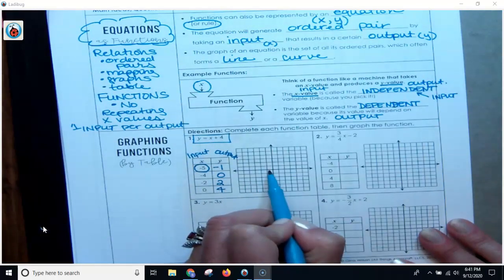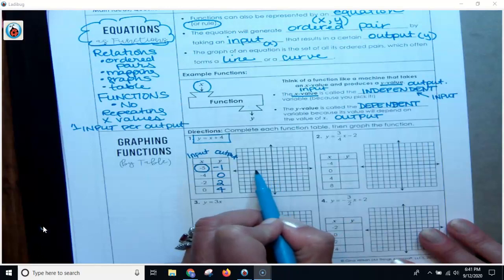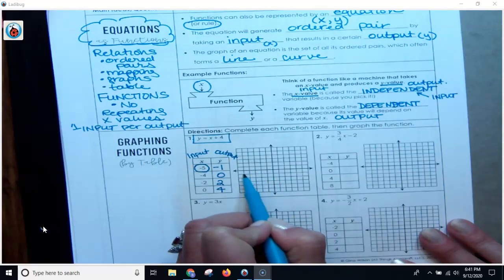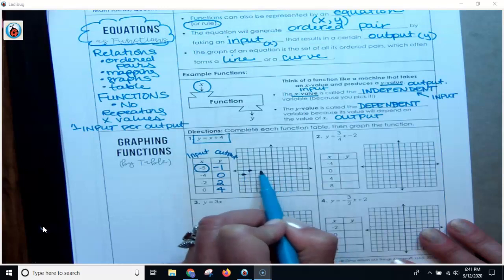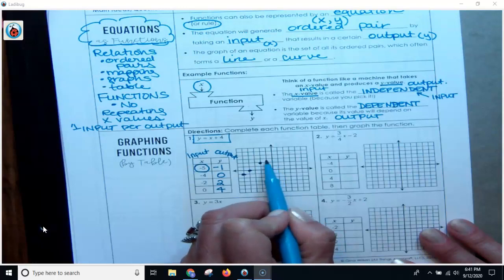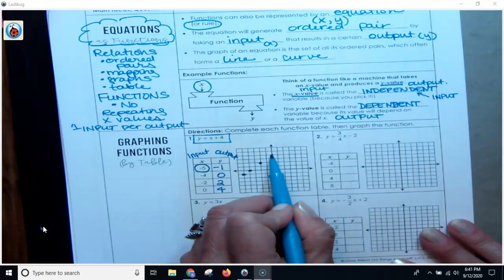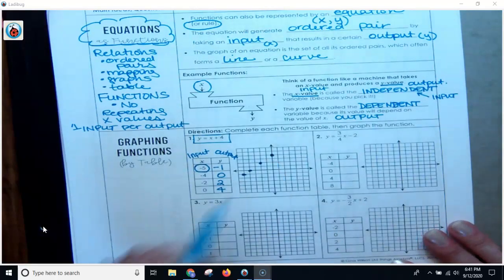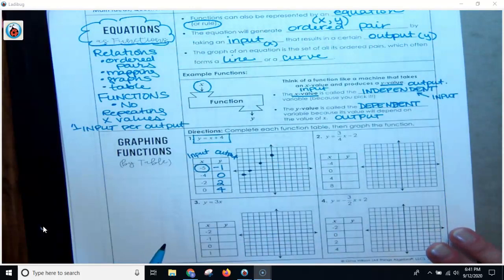So when I graph these points, (-5, -1), (-4, 0), (-2, 2), and (0, 4), this is what those ordered pairs look like.